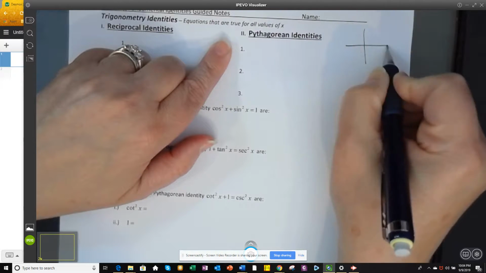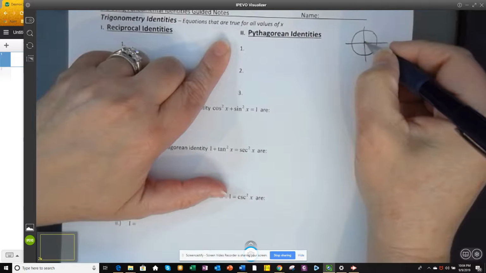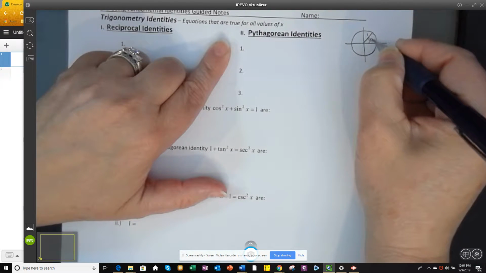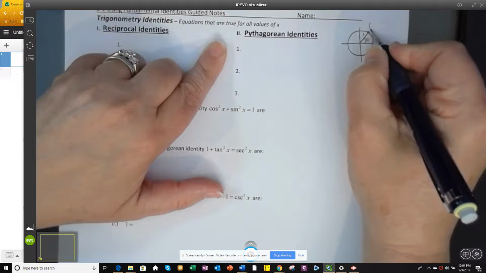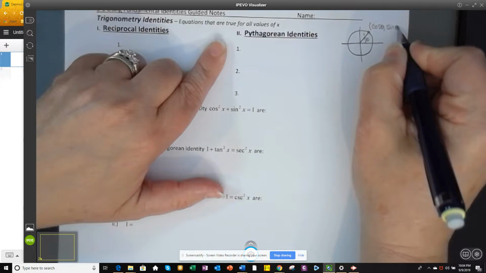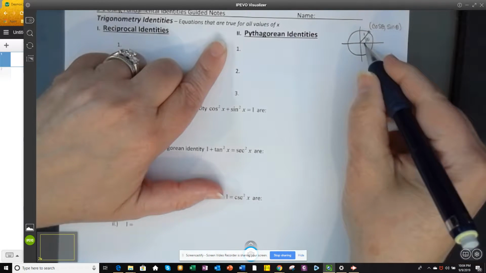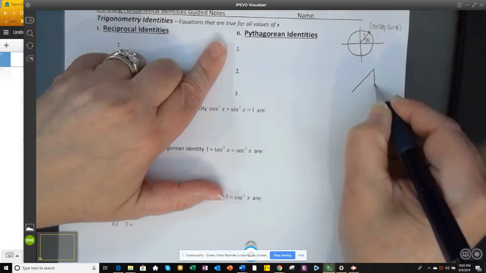And if you recall, if I had a unit circle, here's my unit circle, and I have a radius of 1, and I have an angle of rotation theta. And what is this point right here on the unit circle? Well, it's just cosine of theta, comma sine of theta. All right, and if I were to create a right triangle out of that, I'm going to blow this right triangle up a little bit so we can see it better.